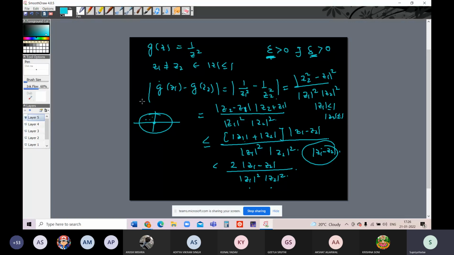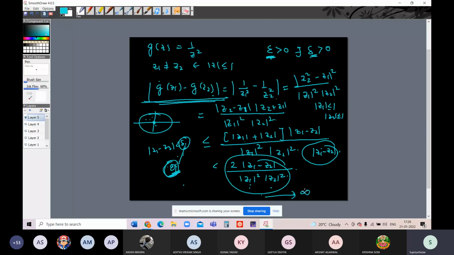यानी कि जो हमने कंडीशन ली है कि अगर z1 और z2 की डिस्टेंस वेरी स्मॉल है तो डेल्टा और एप्सिलॉन के बीच में रिलेशन है, तो इनकी इमेजेस की डिस्टेंस भी एप्सिलॉन से स्मॉल होनी चाहिए. बट इसी रीजन के अंदर अगर हम z1 या z2 में से कोई भी एक वेरी क्लोज टू 0 चूज कर लेते हैं, तो इनके बीच का जो डिफरेंस है इट इज गेटिंग टेंड्स टू इंफिनिटी.